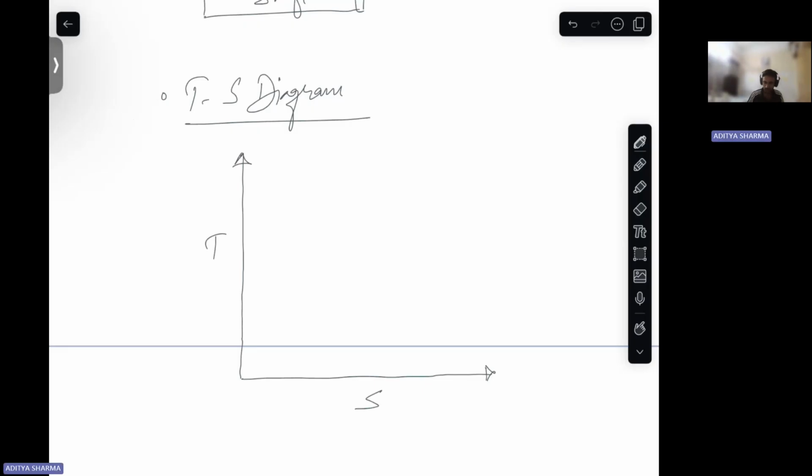This is T, this is S. So let me draw the diagram first.